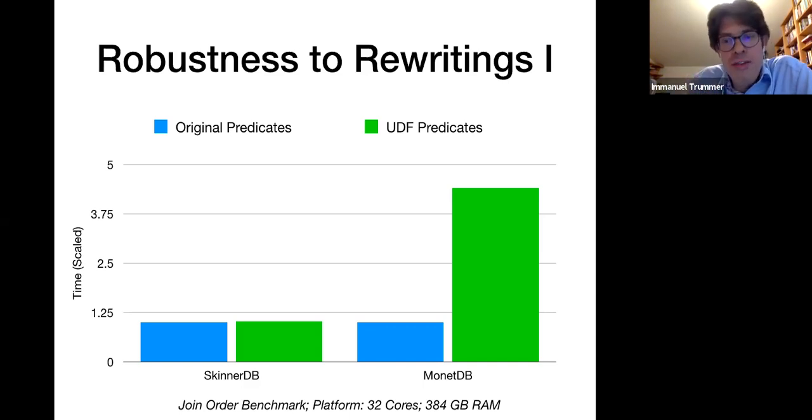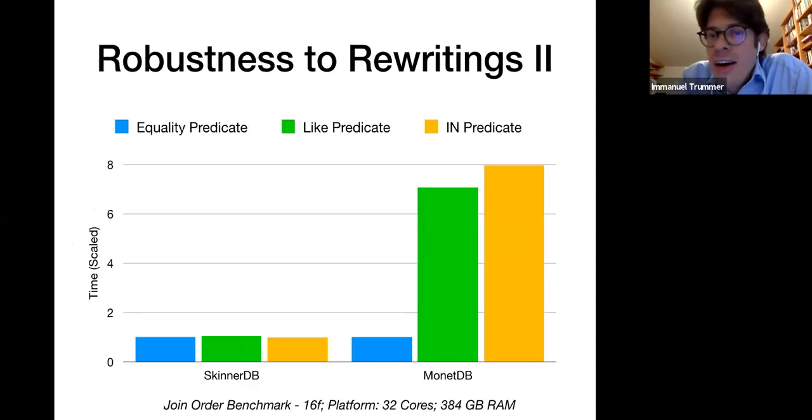Now, this is with user-defined functions, but even more moderate, semantically equivalent query rewritings, for instance, if you replace equality predicates by semantically equivalent like or in predicates, can already trigger the selection of different join orders for traditional optimizers, while for SkinnerDB, every planning decision we make is based on intrinsic query properties and not on the way in which the query is formulated.